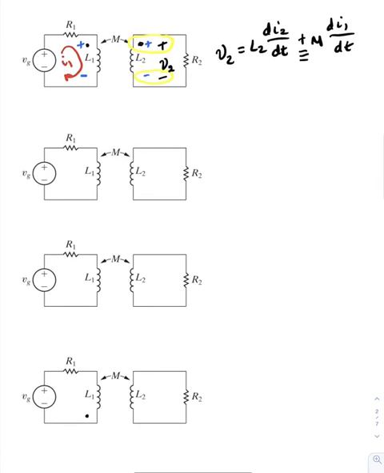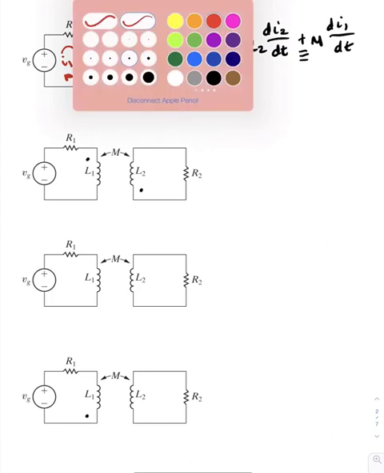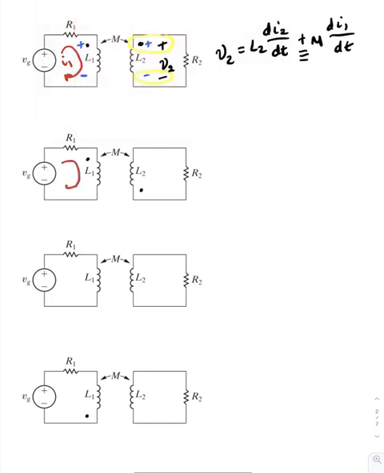Okay, our second example. The dot is at the top for inductor 1 and at the bottom for inductor 2. Our current remains the same in all these cases, with the same direction.